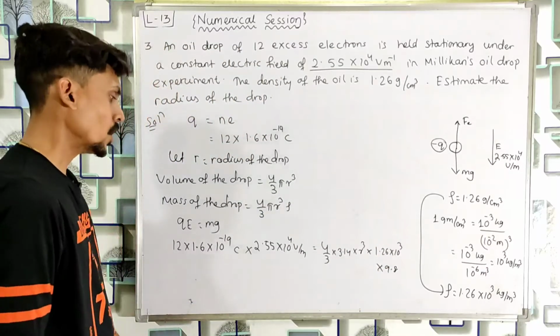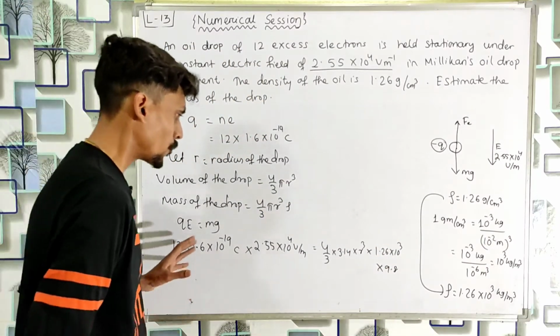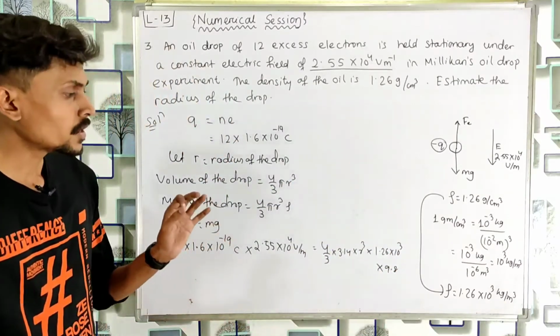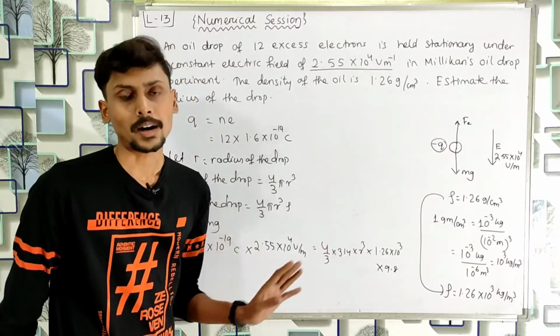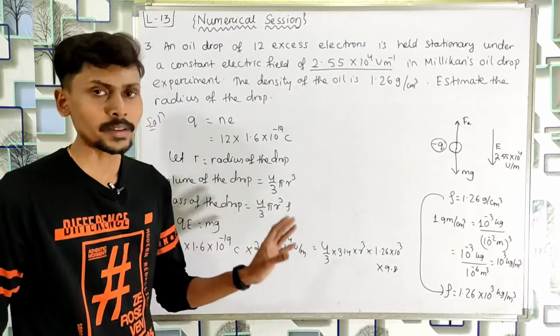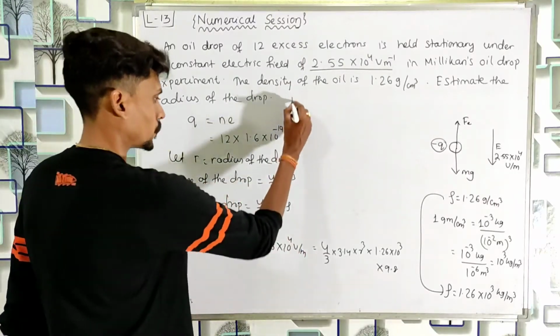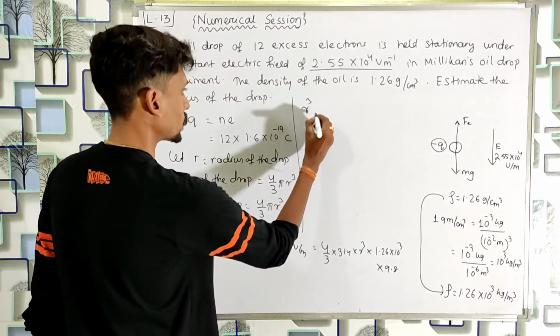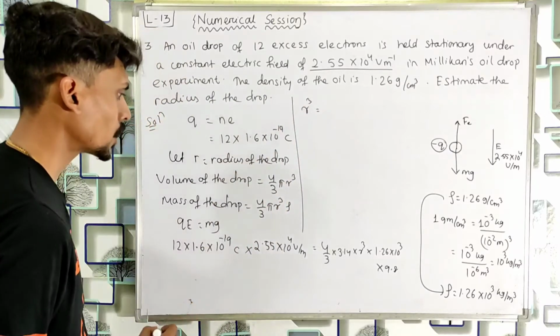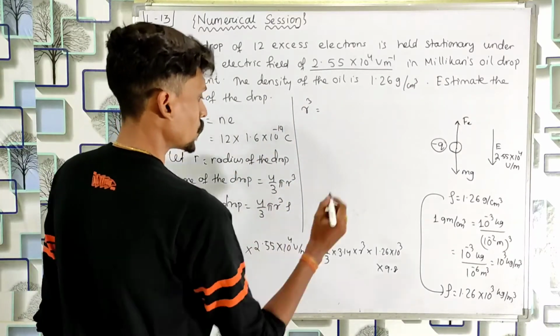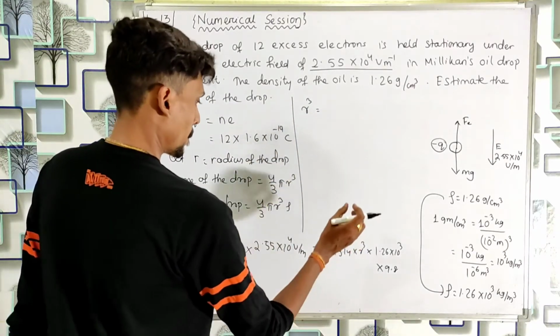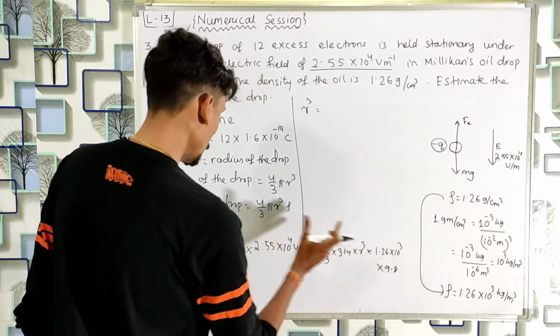Is that clear? So from this equation you can easily calculate the value of R, because all the values are given except R. So R cube will be how much? Bring all these terms to this side.